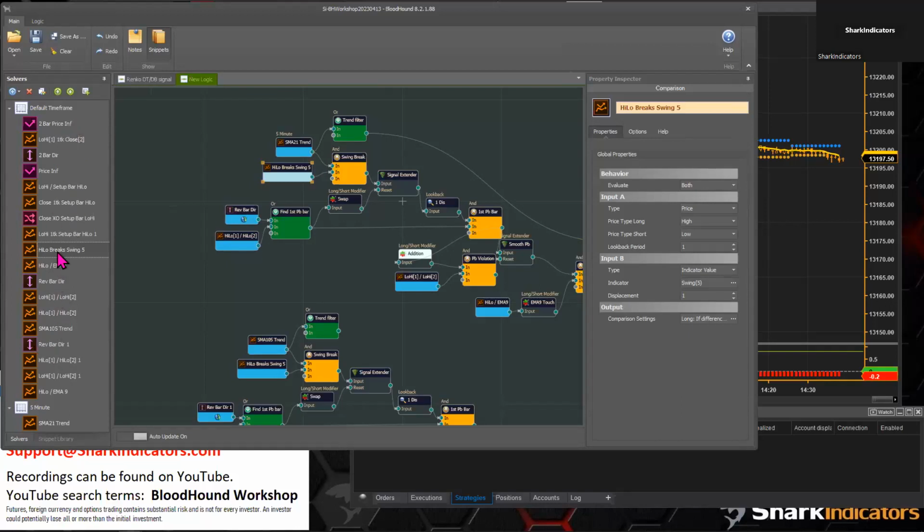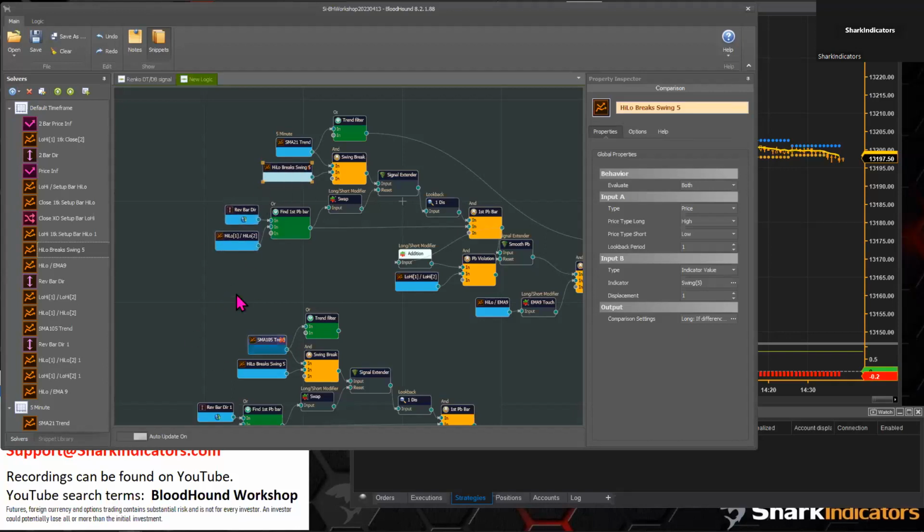So what I did is consolidate down to just one solver doing the calculation, instead of having two separate solvers doing the same calculation. So we consolidated things down here, and that saves processing time.